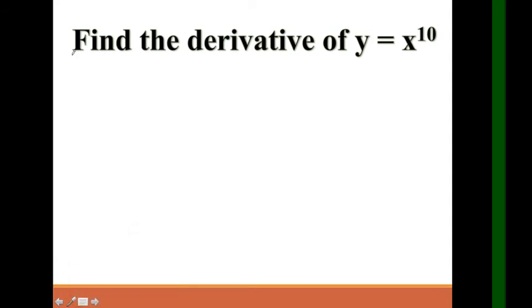Okay, in number 1, let's have the function. Do you still remember this one, right? This is the thing that I showed you a while ago, so we will just follow that. In finding the derivative of y, we have 10 here, this is our n.